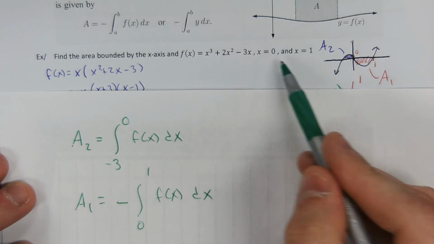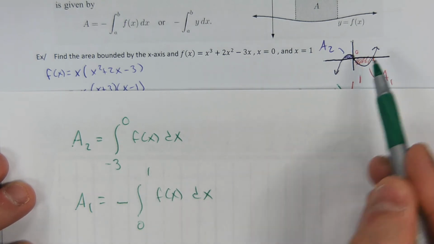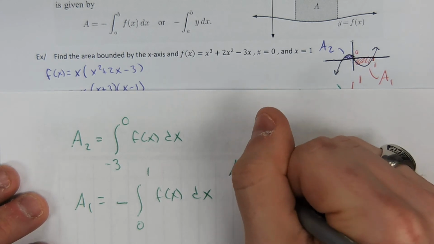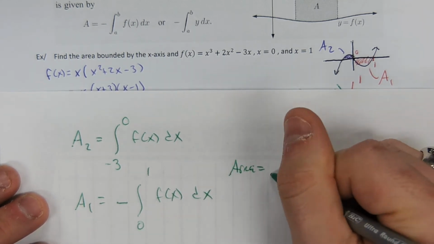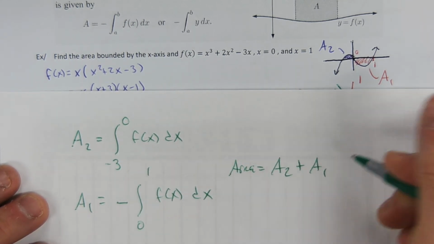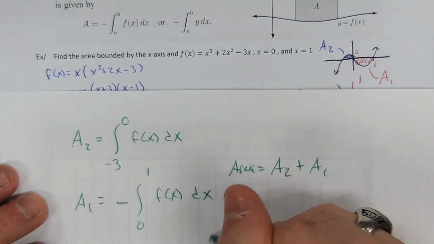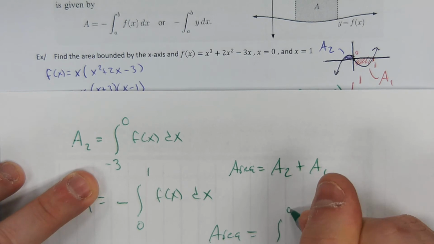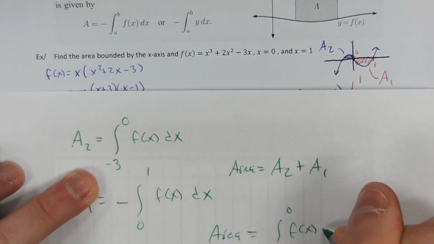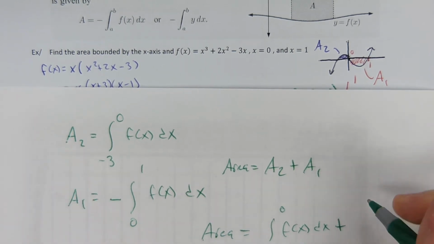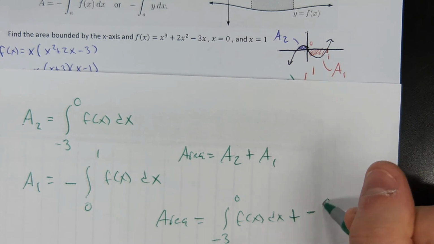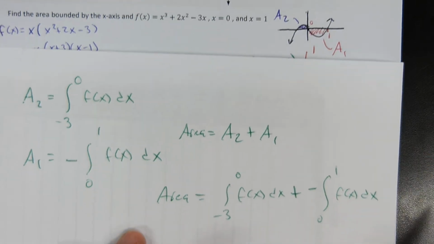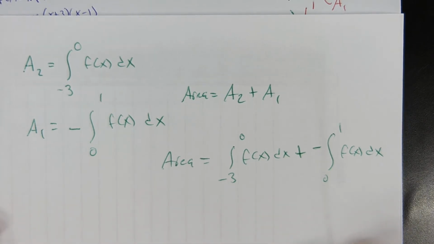Because this was 0 and this was 1? Yeah. Again, it's negative because it's below. Can we agree that the area is A2 plus A1? Yeah. So then we can agree that the area then is the integral from -3 to 0 plus this integral. Oh, okay. But when you say plus a negative, you're actually just saying minus.